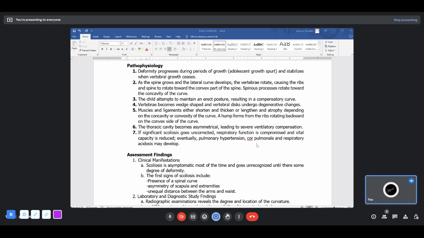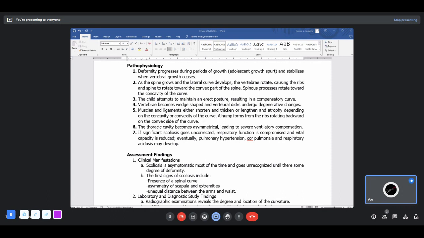Cor pulmonale is a right-sided heart failure. It is an enlargement of the right ventricle due to the high blood pressure in the lungs. It is usually caused by a chronic lung disease. For respiratory acidosis, there is a failure of ventilation and an accumulation of carbon dioxide. That is why respiratory acidosis develops.